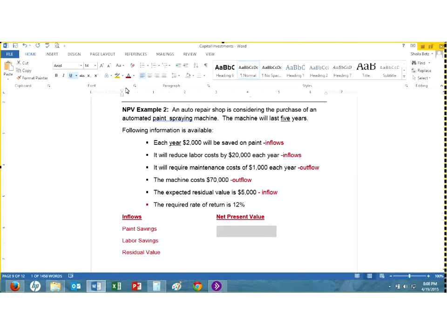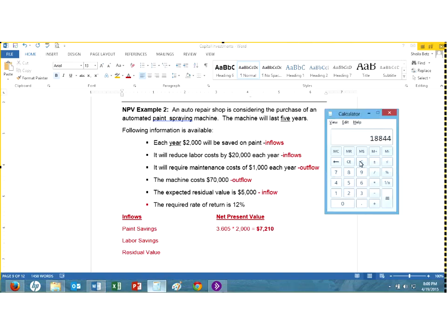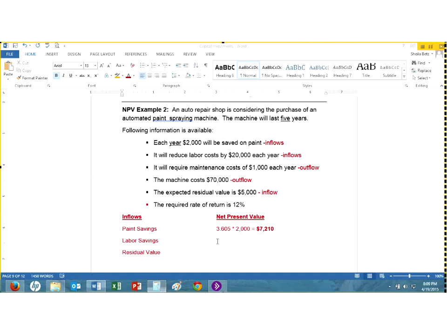When we're calculating the present value of that paint, I'm going to take that $2,000 times 3.605, and that gives me $7,210. Remember that $2,000 is each year. So $2,000 of savings over the next 5 years is $10,000, but in today's dollars that is just $7,210.